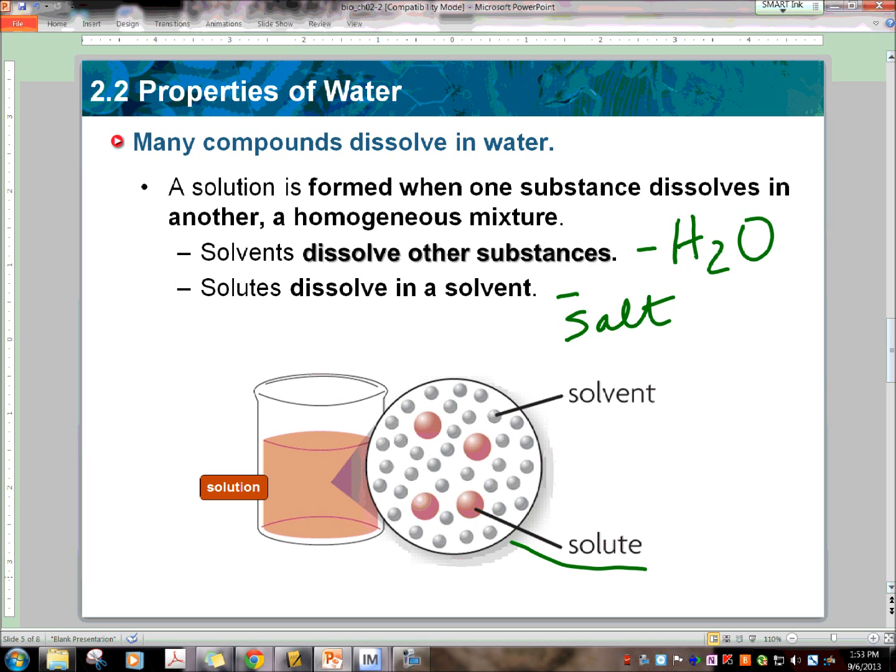What does the dissolving? The solvent. Another one: what about chalk powder? Solute. It's the same thing, dissolved into, we'll just say, water. That's good. Okay, moving on.